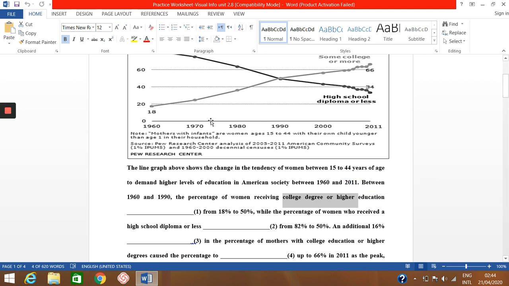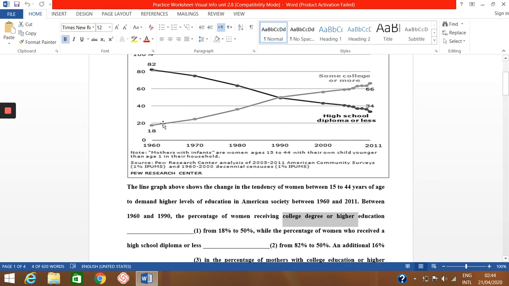That means you have to decide, are you going to talk about the gray chart or the black one? We talk about women receiving college degree or higher, some college or more. That means we are talking about the gray one here. This one, if you can see the movement of the cursor, is the chart that represents women who have a college degree or more, with higher education.